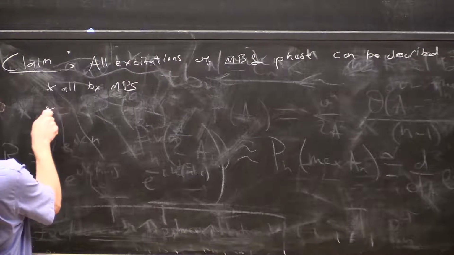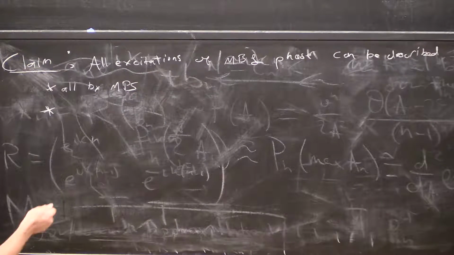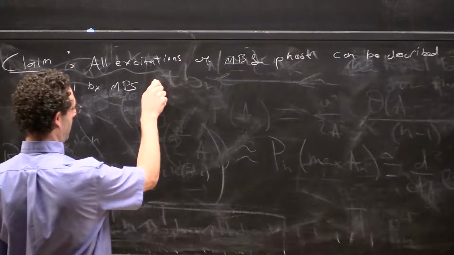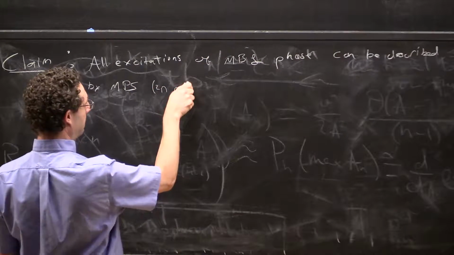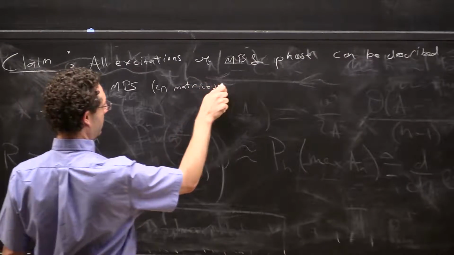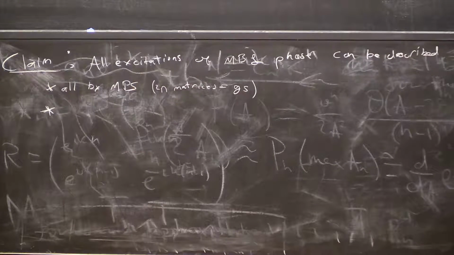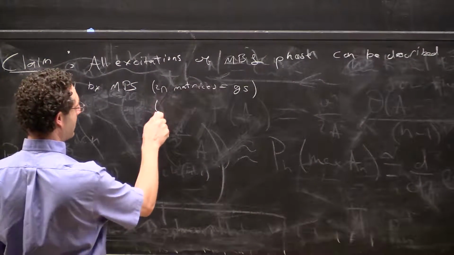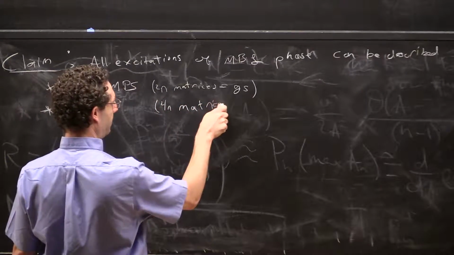And in fact, what is much more powerful is not only can they all be described by matrix product states, but a ground state typically is described by 2n matrices. So with 2n matrices, you can get a typical one-dimensional gapped ground state. And my claim is that the entire spectrum is going to be described by 4n matrices.